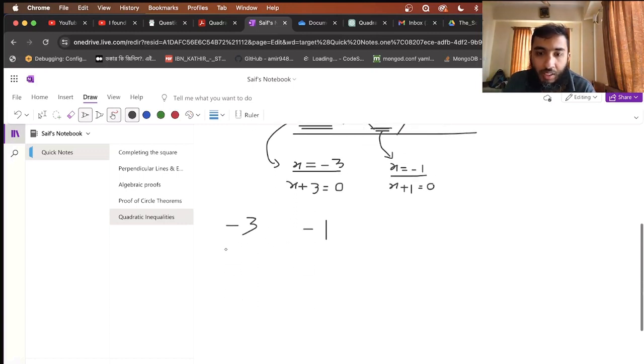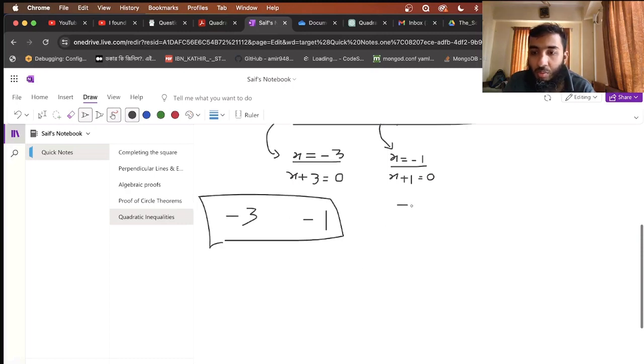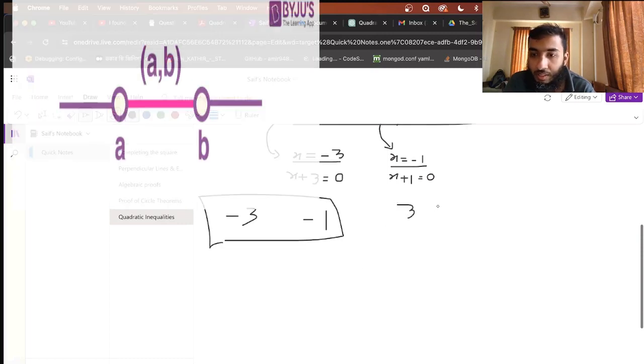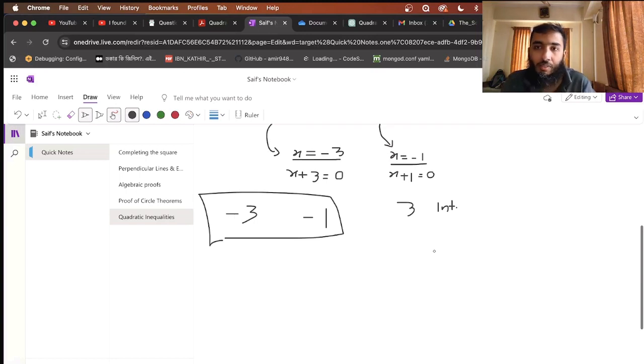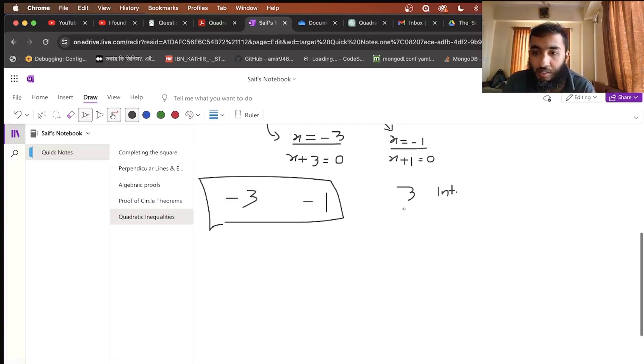These two critical points create three intervals. So what is an interval? An interval is a range. One interval is from minus infinity to minus 3. This is the first interval.